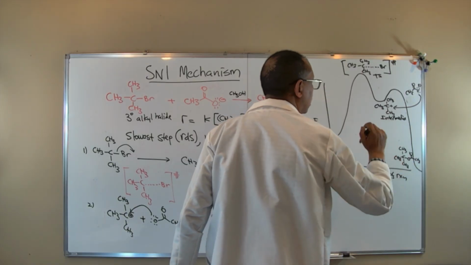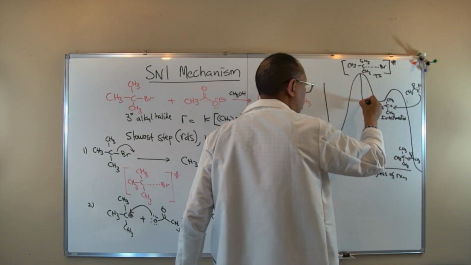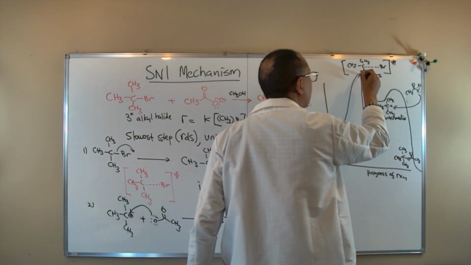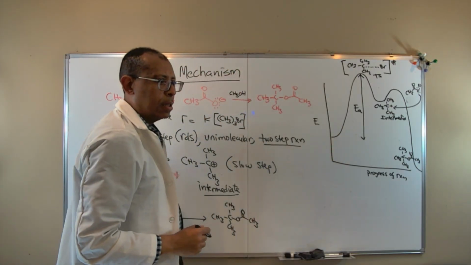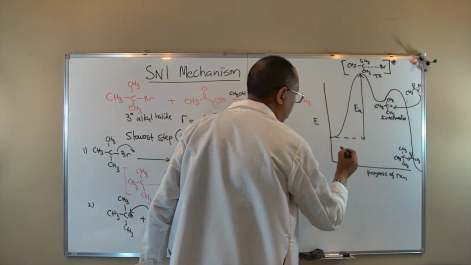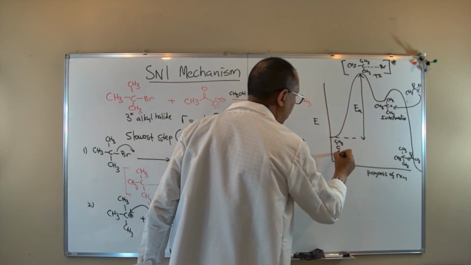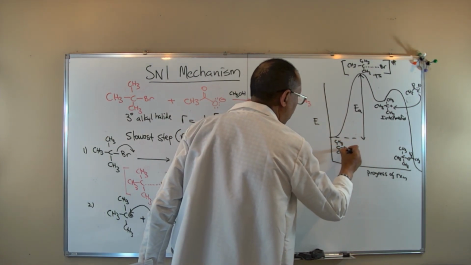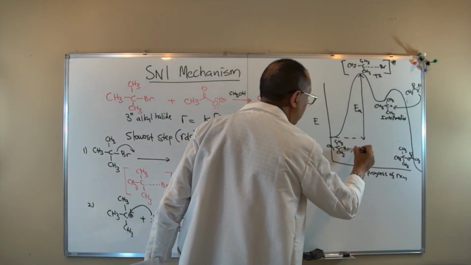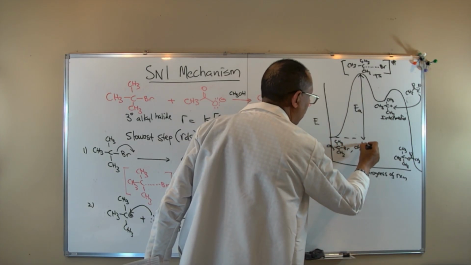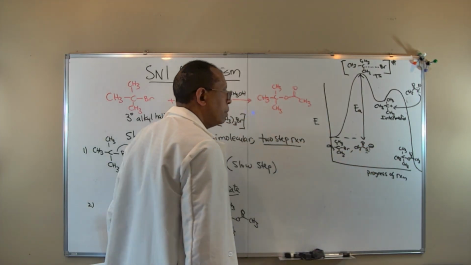But the rate determining step is this much activation energy. The highest activation energy is what matters for the rate. Here these are our starting materials, CH3, CH3, Br, CH3, and a nucleophile, CH3O, the acetate anion, nucleophile.